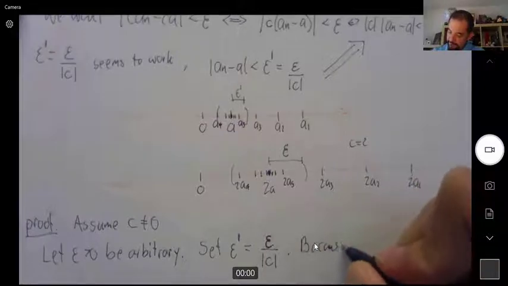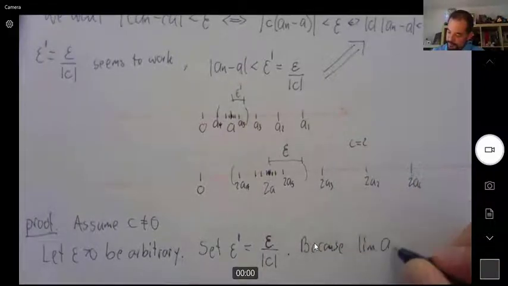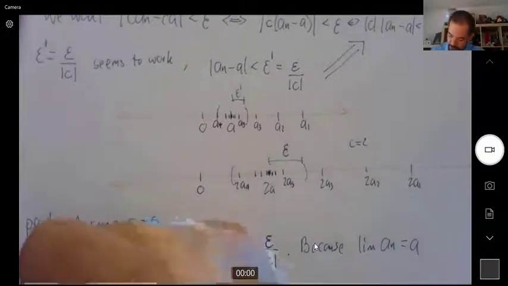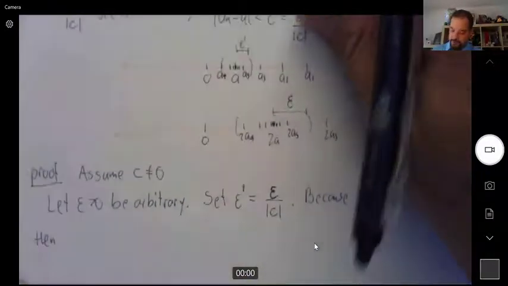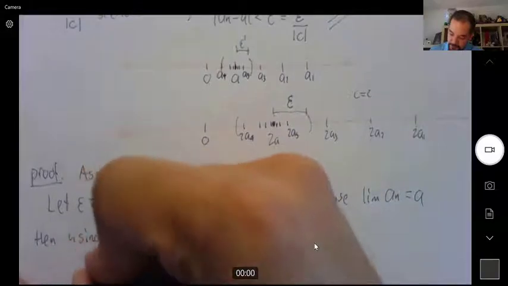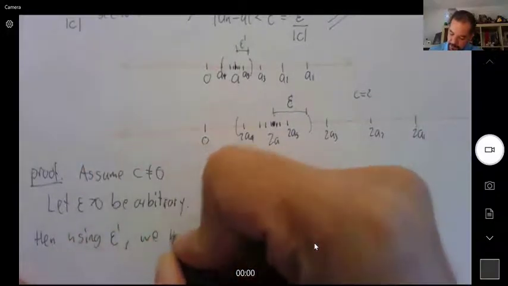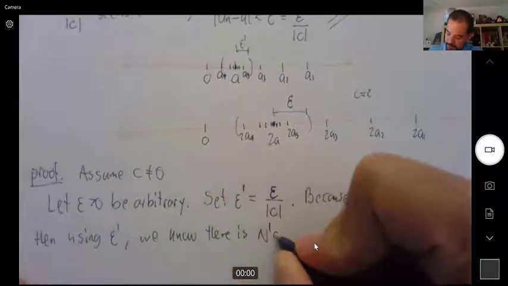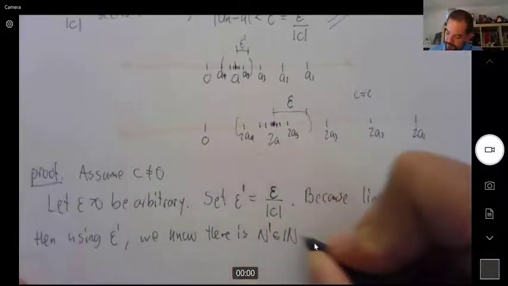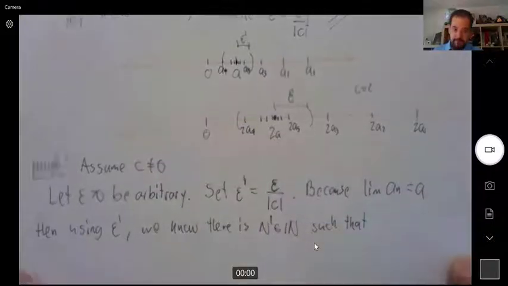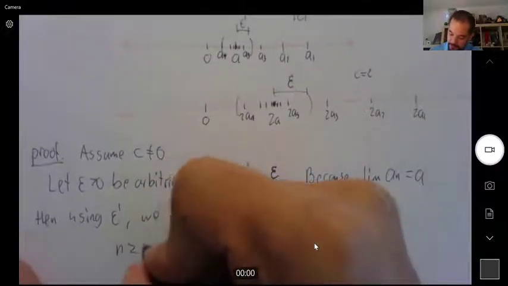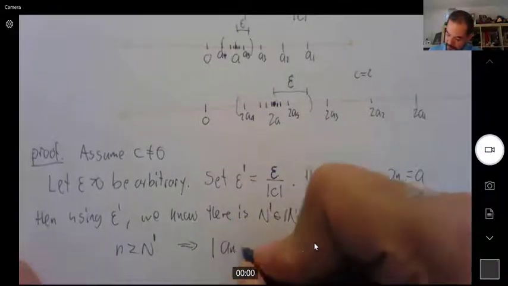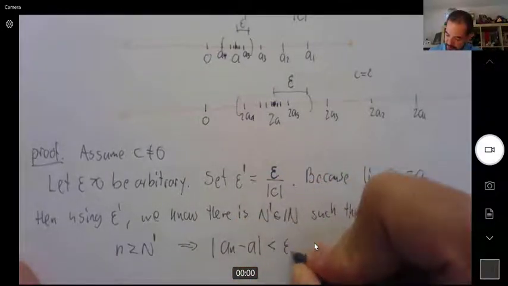Because the limit of the a_n equals A, then using epsilon prime, we know there is an N prime, a natural number, such that if little n is bigger than N prime, then |a_n - A| is less than epsilon prime.